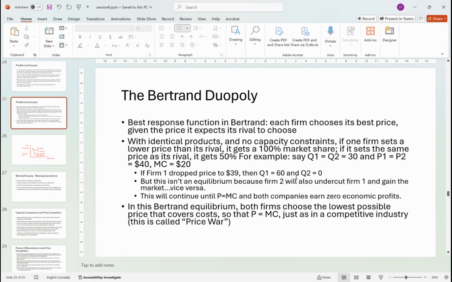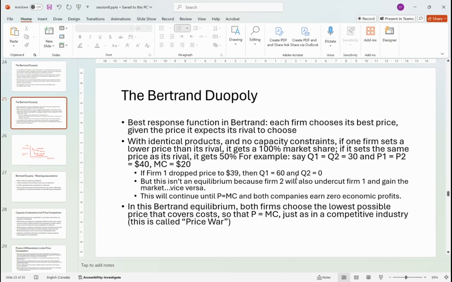Let's see an example to understand why the outcome is going to be the competitive price, or perfect competition price equilibrium. Let's assume we have two firms. The entire size of the market is 60 units. The firms are identical in cost function and everything. Let's assume for the beginning, the price is set at $40, marginal cost is 20, and each firm is producing 30 units, right?